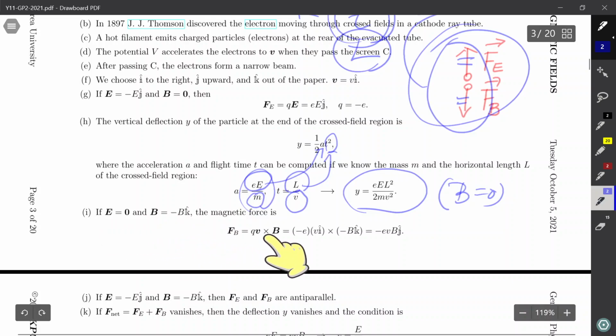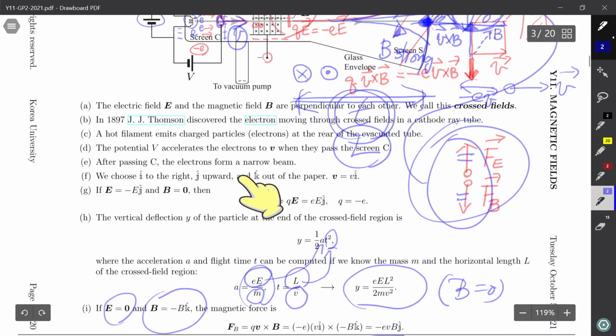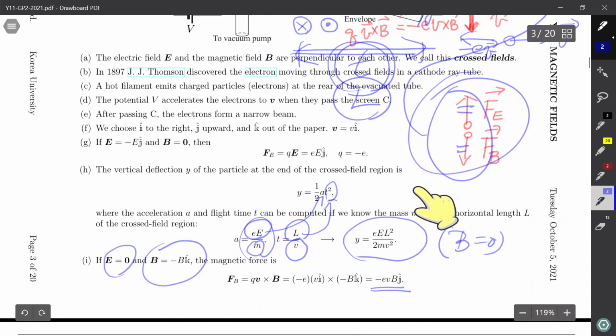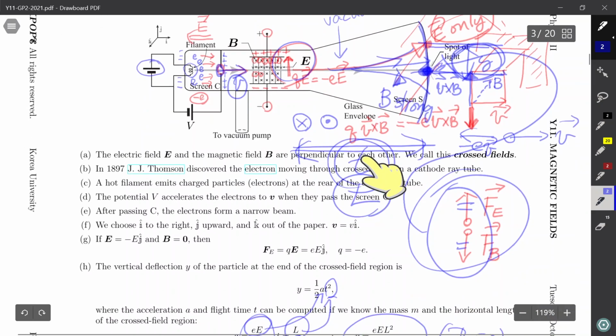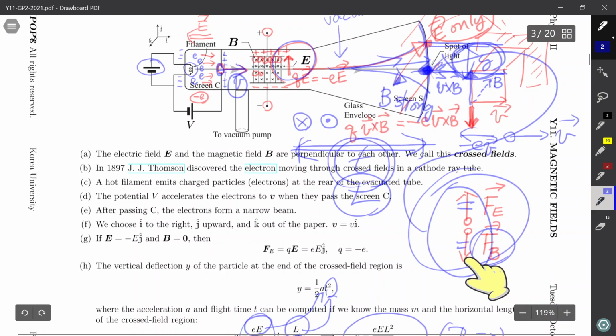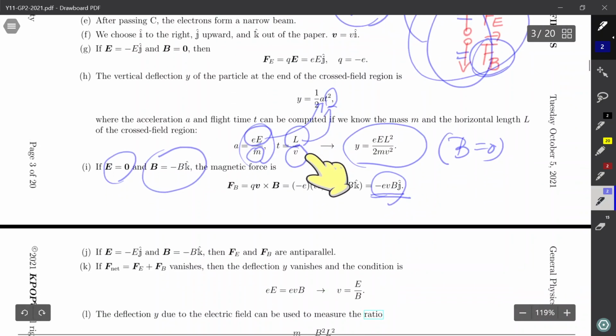When the magnetic field is turned on and the electric field is turned off, then only the magnetic force applies. That is this. As we have already seen, the electric force is upward and the magnetic force is downward, and the amount is eVB.